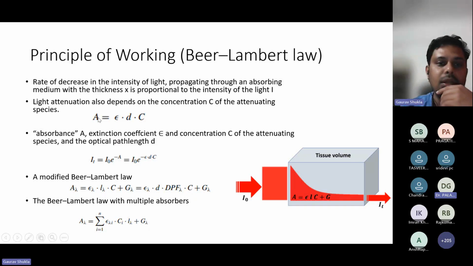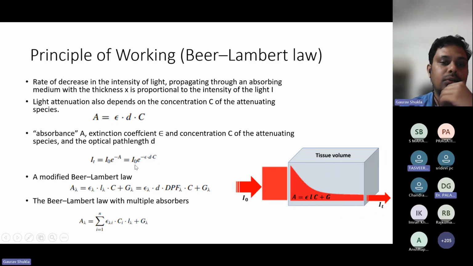So attenuation depends on the concentration of the medium, the distance or the depth of the medium, and the attenuating or extinction coefficient, which is given by epsilon here.